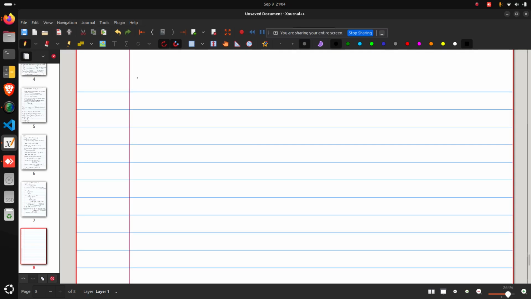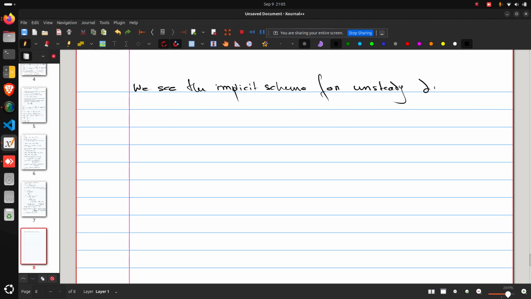So what do we finally observe? We see the implicit scheme for the diffusion equation is always, or unconditionally, stable.